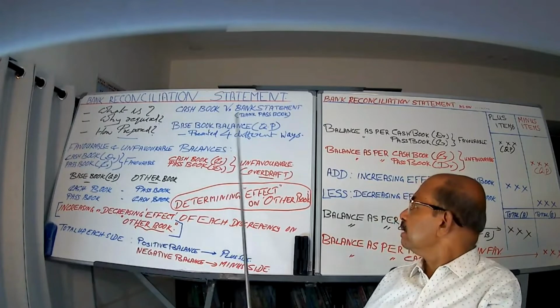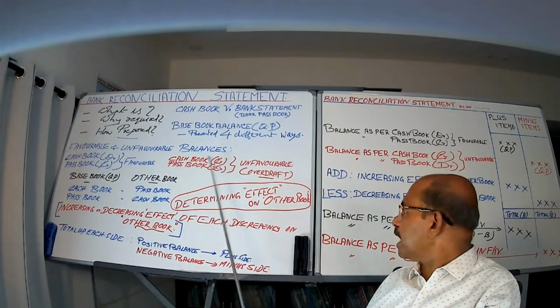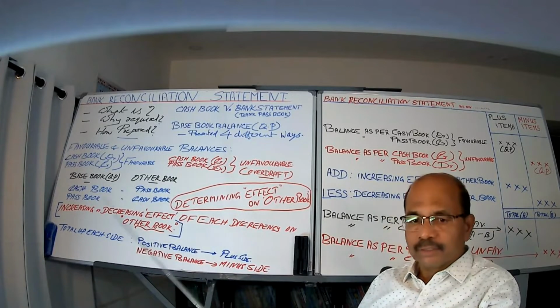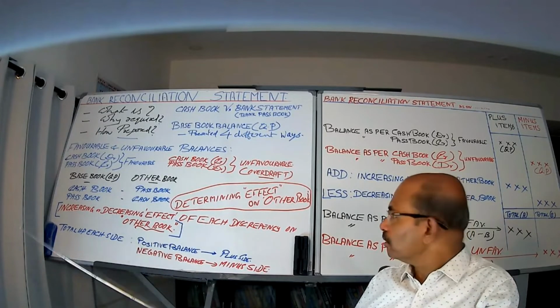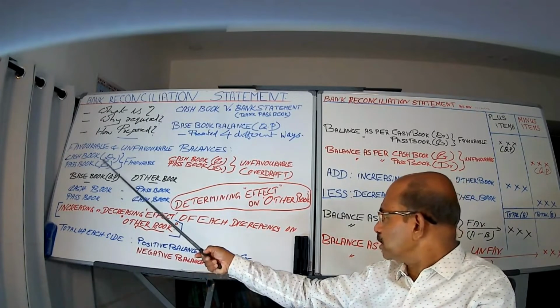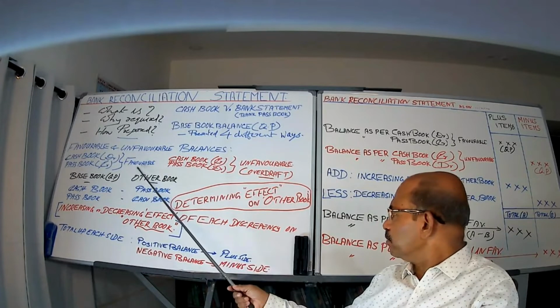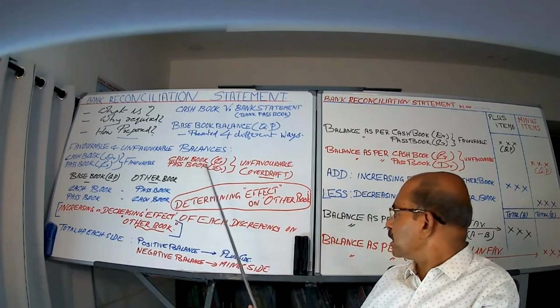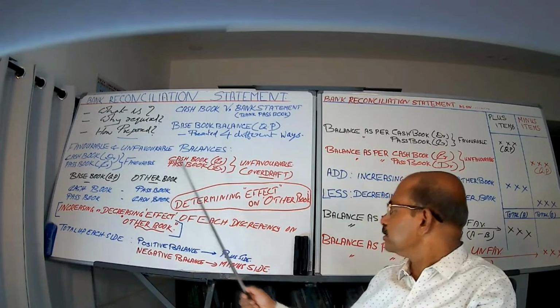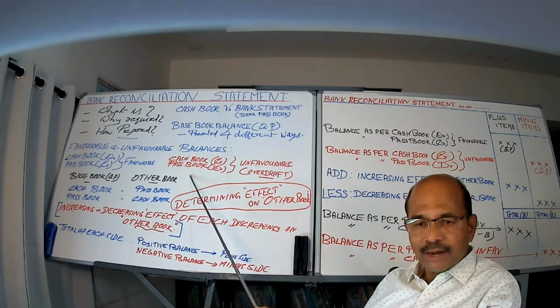Further, cash book credit and passbook debit will be unfavorable, which is otherwise called overdraft. Keep these things in mind. You can relatively take into account that cash book debit means favorable, so naturally cash book credit has to be unfavorable. Passbook credit is favorable, so naturally passbook debit has to be unfavorable.